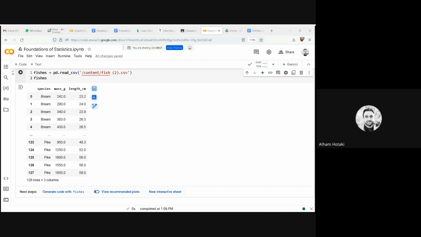We should work in Kaggle sometimes, because in Kaggle the data sets are there.